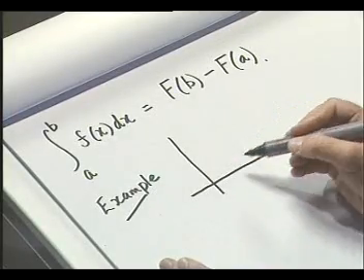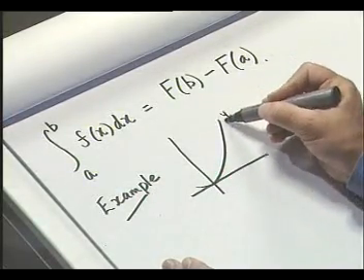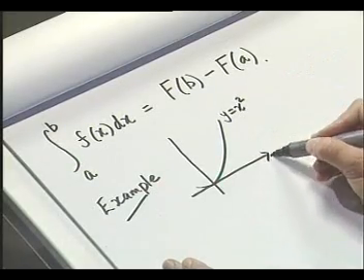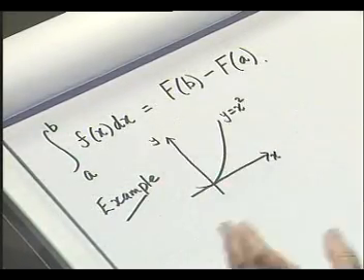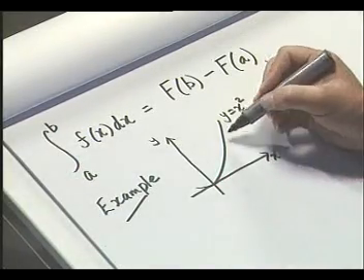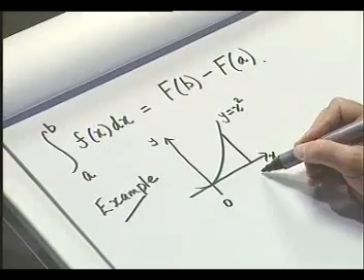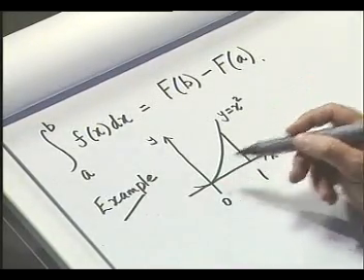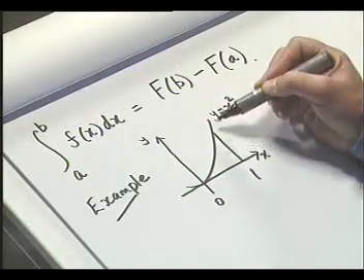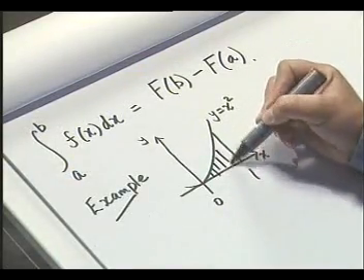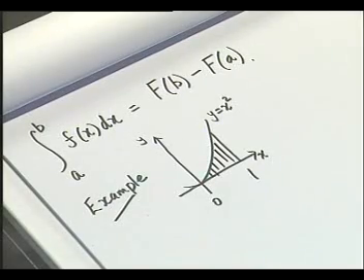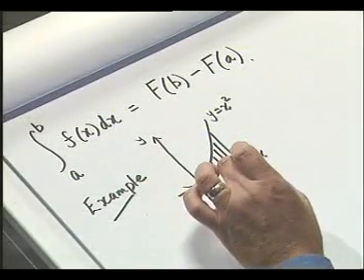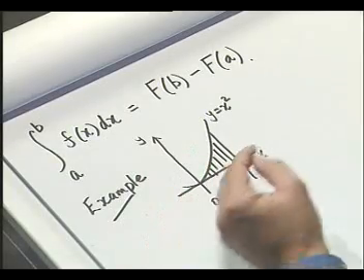Suppose we're interested in the problem of finding the area under the graph of y equals x squared. And let's suppose, for the sake of argument, we want the area under the graph between x is 0 and x is 1. So we're interested in this area. In the previous unit on integration as a summation, this was done by dividing this area into lots of thin rectangular strips and finding the area of each of those rectangles separately and then adding them all up.